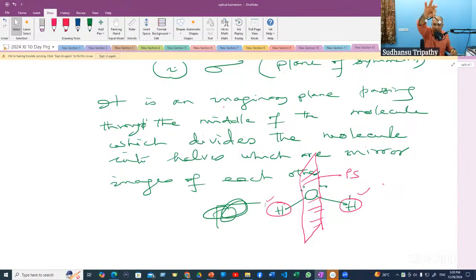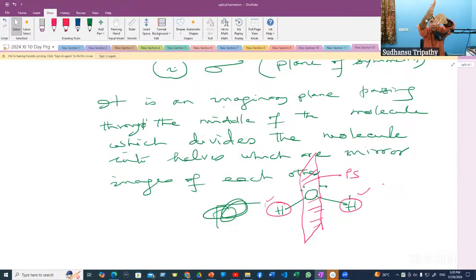My fingers, the thumb and the forefinger, are holding the oxygen atom, and these are the two hydrogens. This plane is carrying the atoms like this.